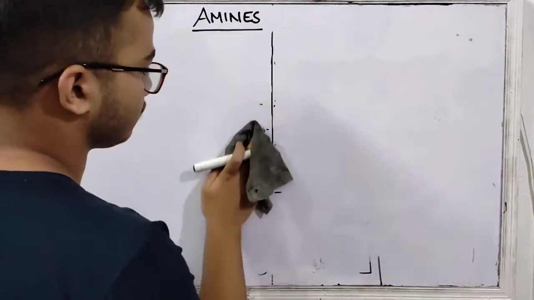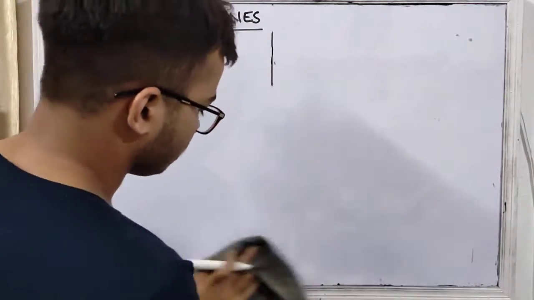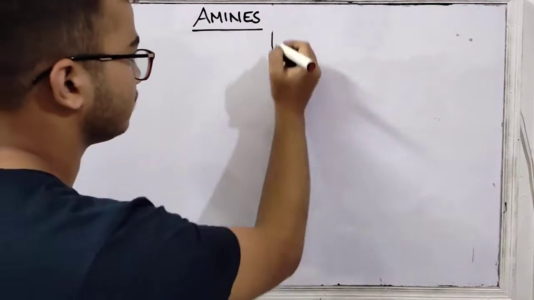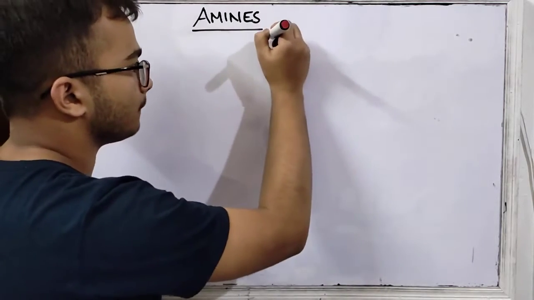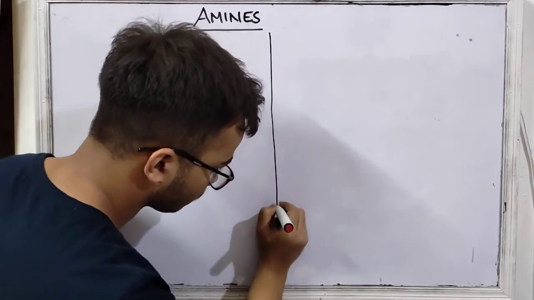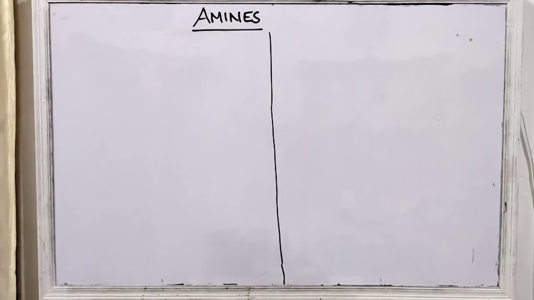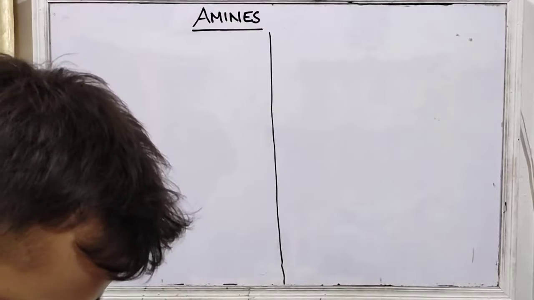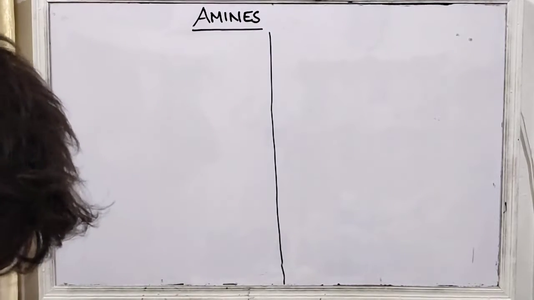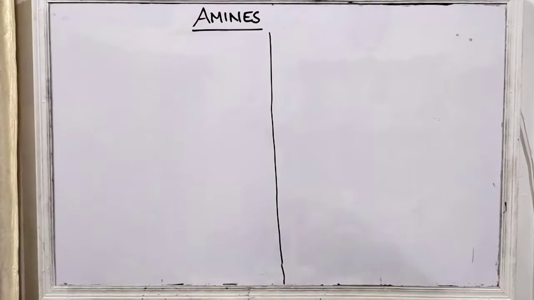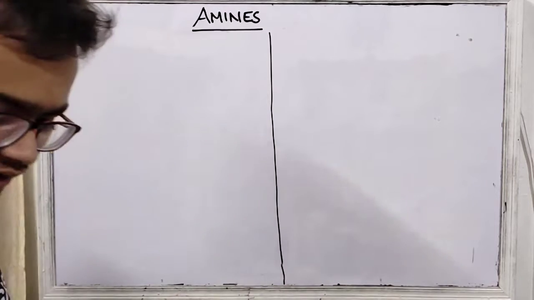All right. So let's make this line once again. Okay. So the next method of preparation which we are going to learn is from the reduction of nitrile. We know nitrile is RC triple bonded N.